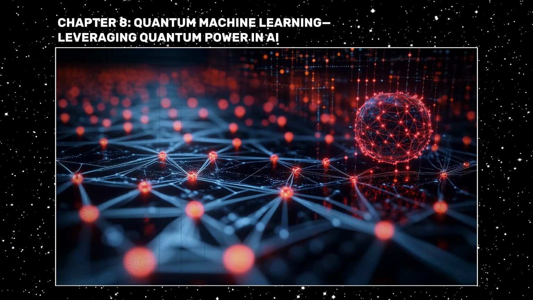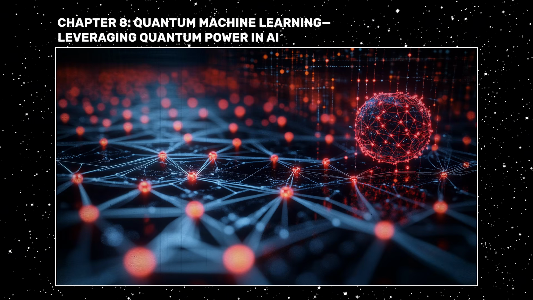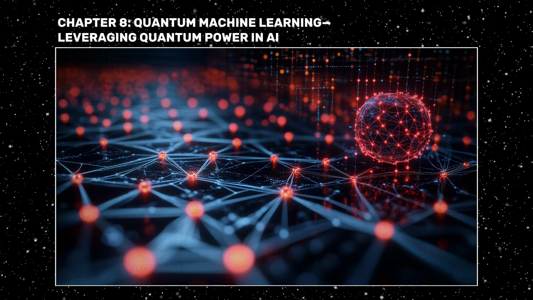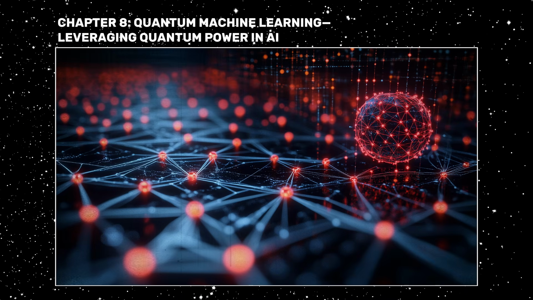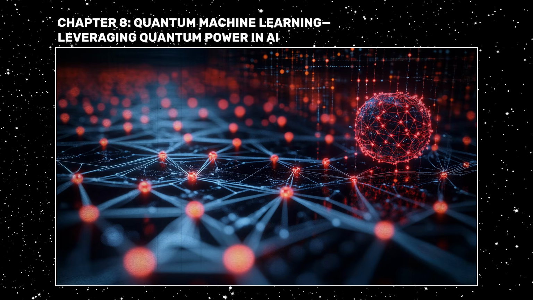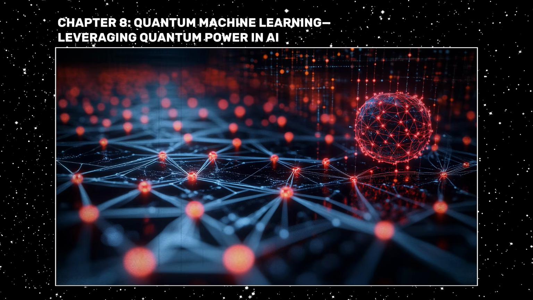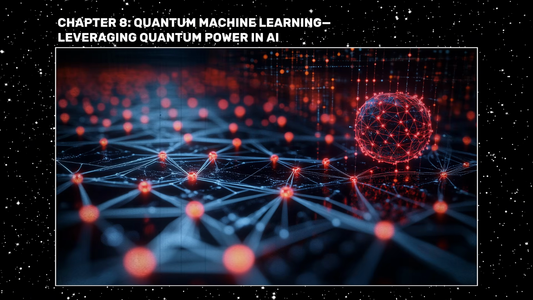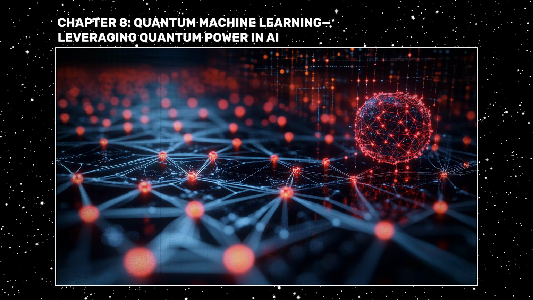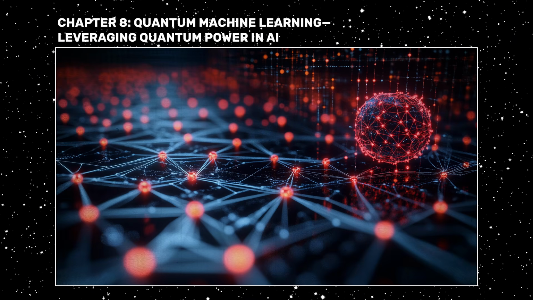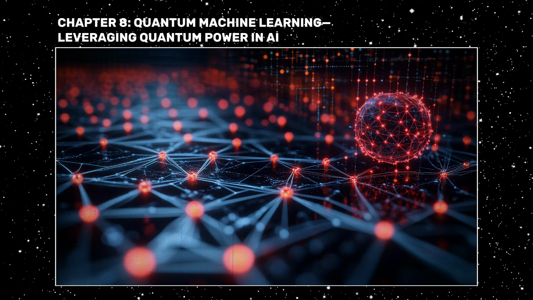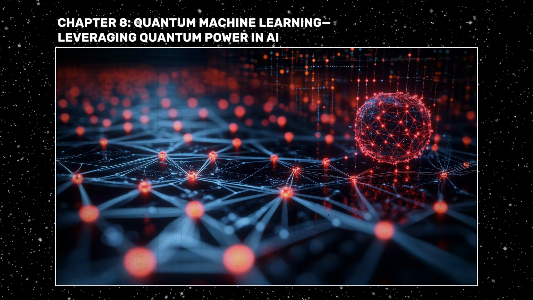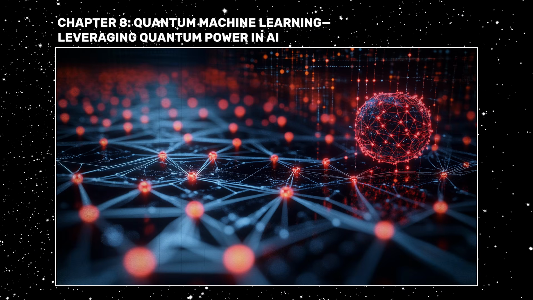Generative modeling in the quantum domain explores how quantum circuits can learn to produce samples from complex distributions. Quantum generative adversarial networks, QGANs, adapt the classical adversarial framework, pairing a quantum generator circuit with a classical or quantum discriminator. The generator aims to produce samples that mimic training data, while the discriminator learns to distinguish generated from real samples.